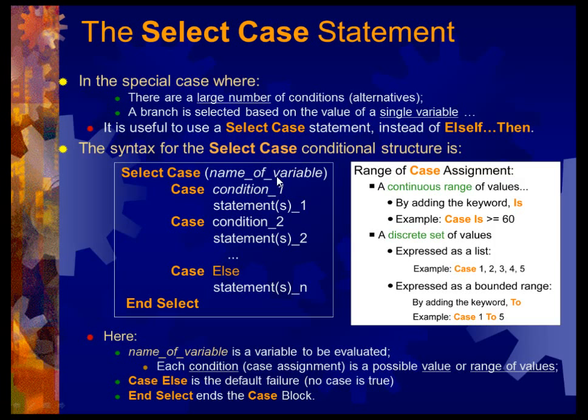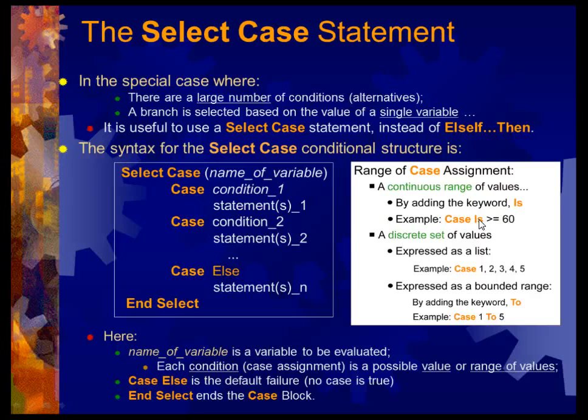That variable has a continuous range of values, right? What do I mean by continuous range of values? It's not just like score can be 1 or 2 or 3 or 4. It can be anything between 1 and 2. So it could be 1.55555, right? That's a continuous range of values. In that situation, you have to write case is here. Okay, that's just one thing you have to remember.